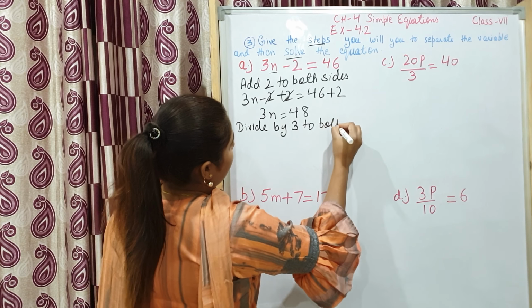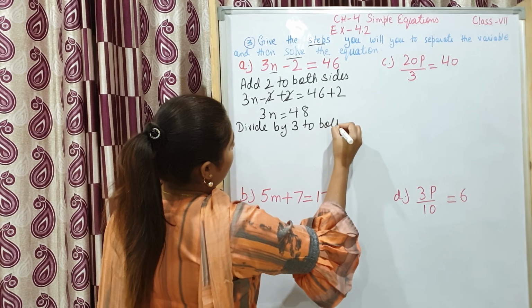Now we will do D part. Here 3 is dividing. We will do multiply. Now see student, here it is minus P. If you see carefully, here it is minus P. First what I am going to do is remove that 3.